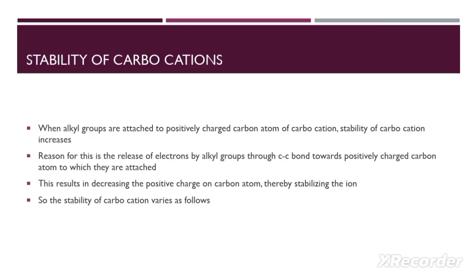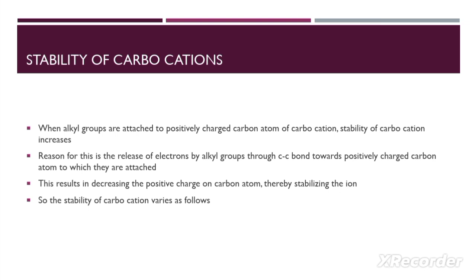That is explained here. When alkyl groups are attached to the positively charged carbon atom of the carbocation, the stability of the carbocation increases. The reason for this is the release of electrons by alkyl groups, meaning R groups, through the carbon-carbon bond towards the positively charged carbon atom to which they are attached.